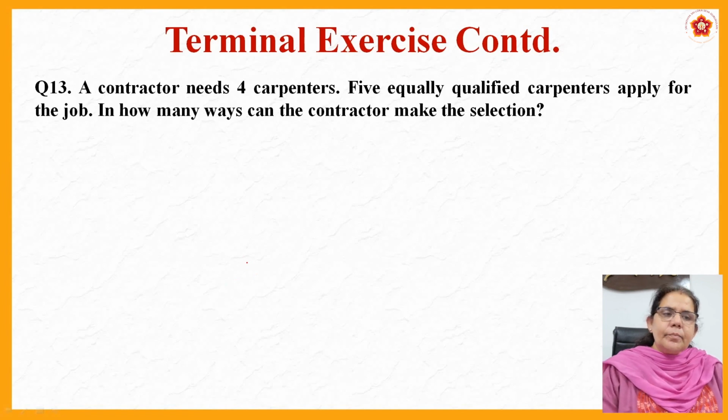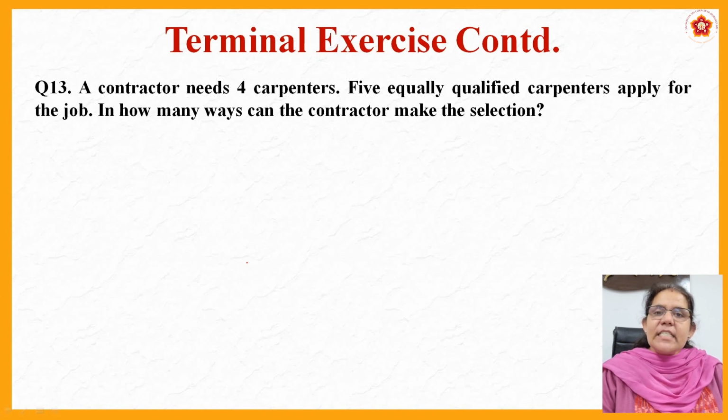Question number 13 is: a contractor needs 4 carpenters. 5 equally qualified carpenters apply for the job. In how many ways can the contractor make the selection? Just try to read the question and understand it properly. How many contractors are there in all?